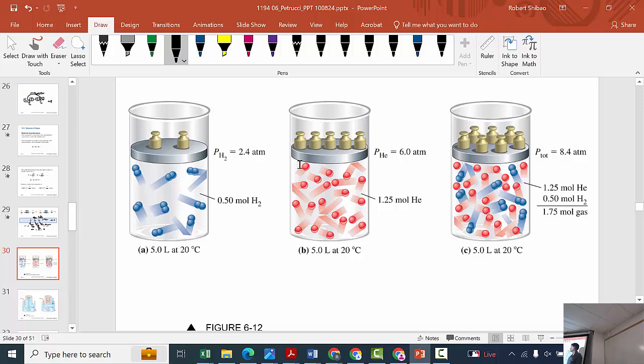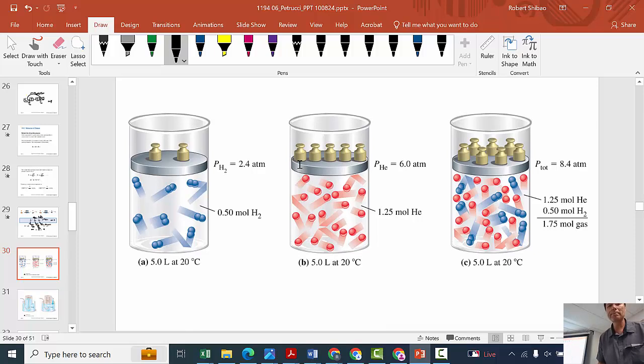So we would get 10 liters. But there's a problem with that because when we look at the pressure, here it's 2.4 atmospheres, this is 6 atmospheres, and then we wouldn't treat it the same. Avogadro's would be different. This is what we call Dalton's mixture here. And then we'd have to further analyze this to get an Avogadro's mixture. So this is Dalton's.